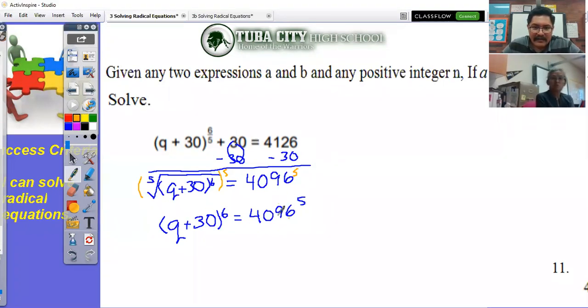So I'm going to leave the power on the 4,096 just like that. And I'm going to root 6 on both sides. So root 6, root 6. So root 6, that will cancel the power of 6 out.